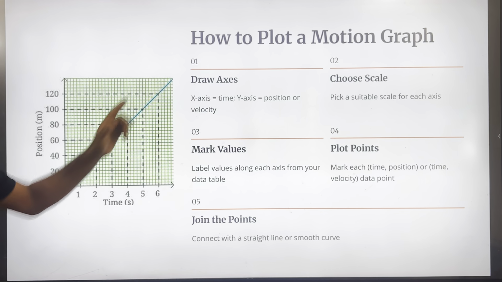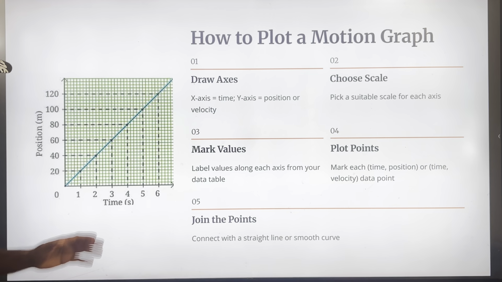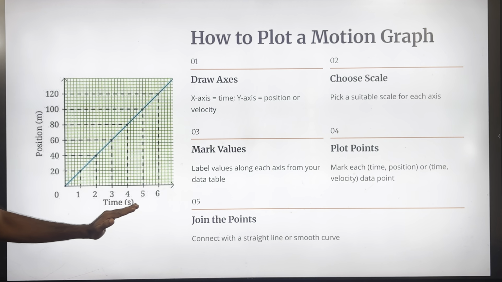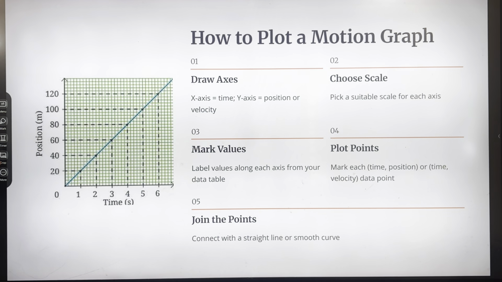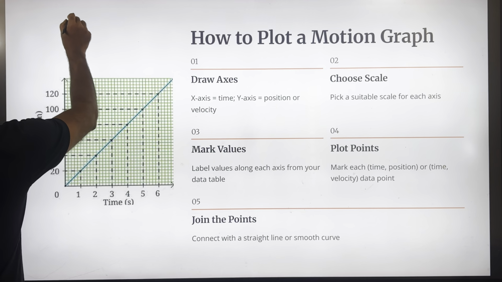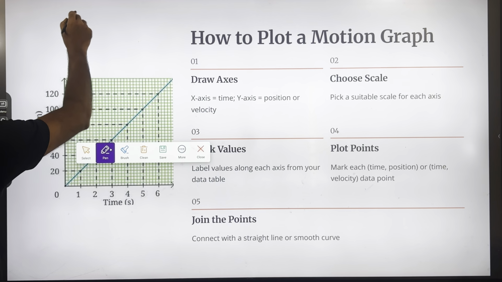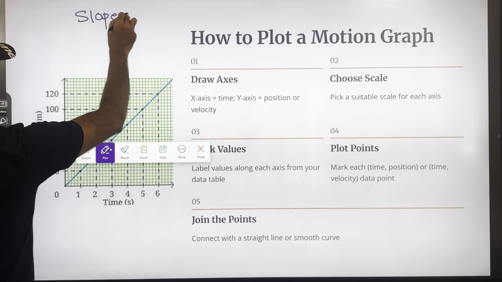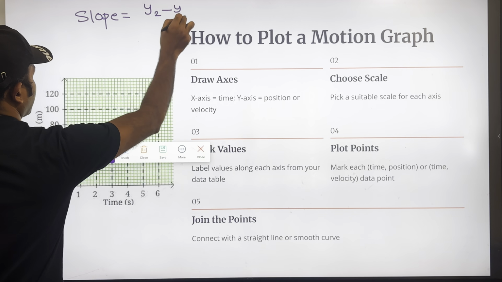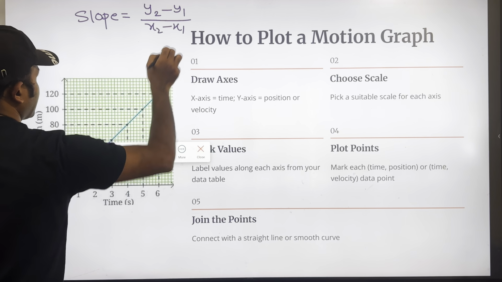The slope of this graph gives you velocity. Slope means change in y by change in x. The slope formula is slope equal to change in y-axis with respect to change in x-axis.